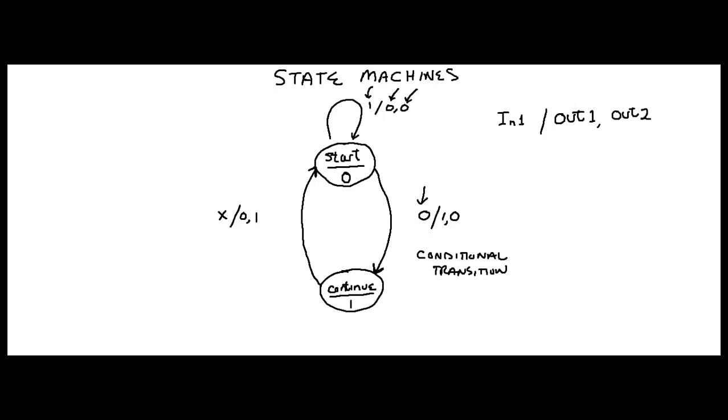Now, on the other side, this is not called a conditional. Basically, this is called an unconditional transition. Get it? Because it doesn't matter what in1 is, it's going to take the transition.